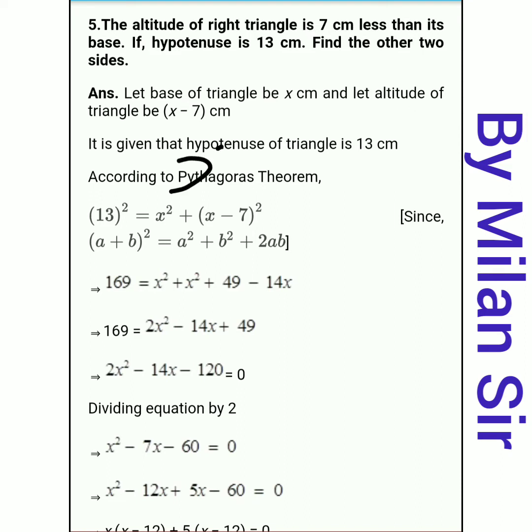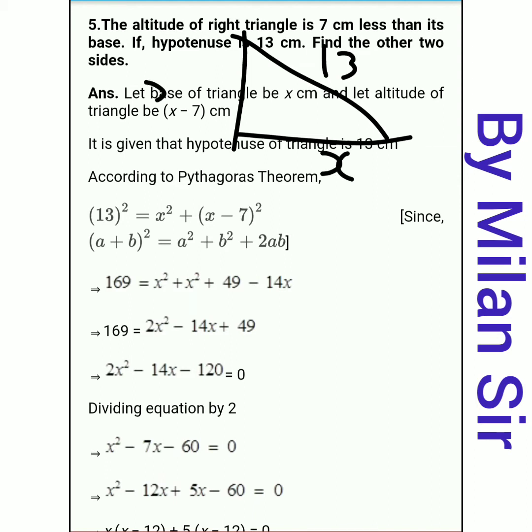Our base is x, we need to subtract 7 from it. So x minus 7 centimeter is our altitude. So in our right angle triangle, hypotenuse is 13 centimeter, base is x and altitude is x minus 7.